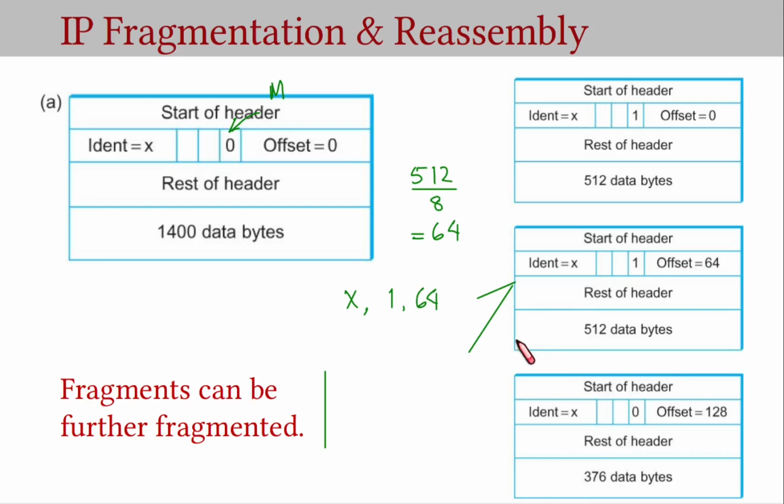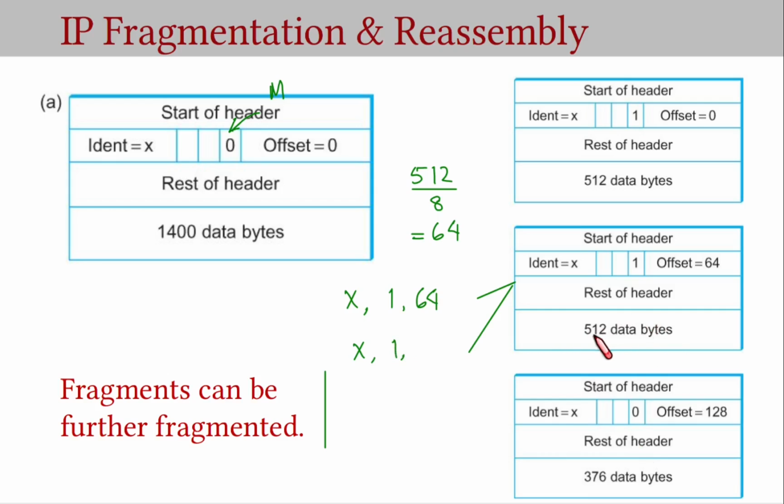And let's suppose we refragment it into equal sizes, so each one is 256 bytes. The second fragment would have the same identifier as before. Now the more bit of the second fragment cannot be 0, because the more bit of this fragment itself is 1. That means at the destination there are going to be more fragments after this, so this is going to be 1.